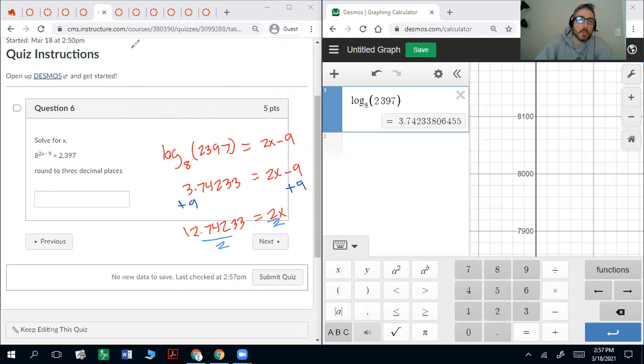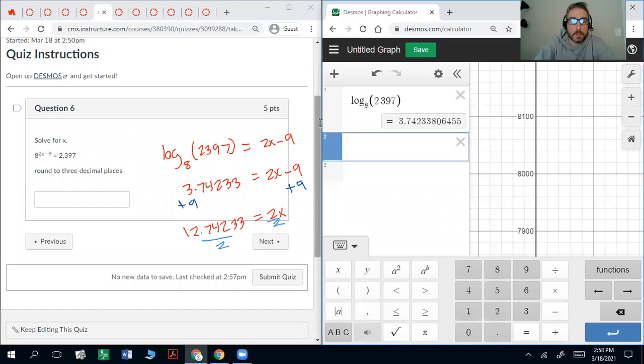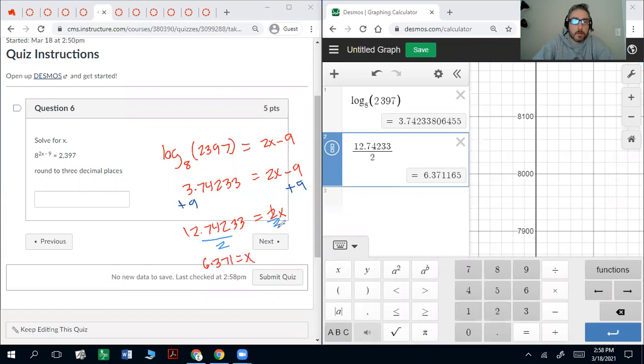So that'd be like 6 point something. So let's see, 12.74233 divided by 2, 6.37. 6.371. So 6.371 is equal to x, because those will cancel out.